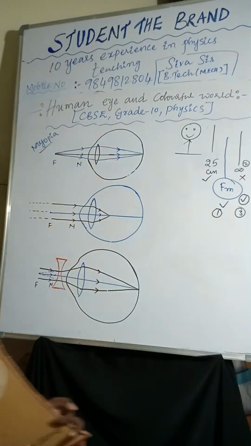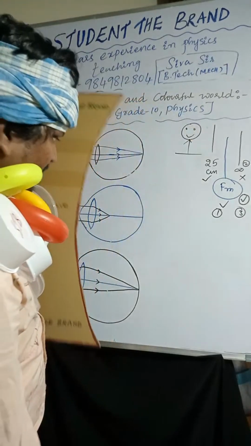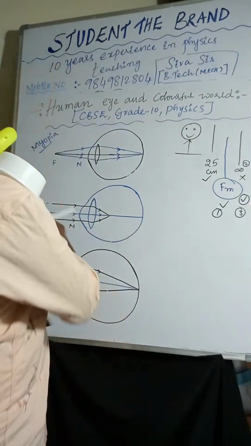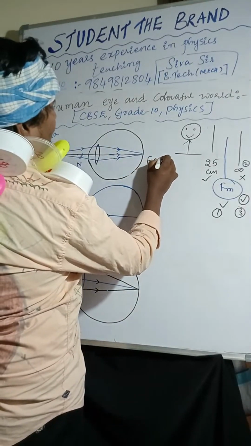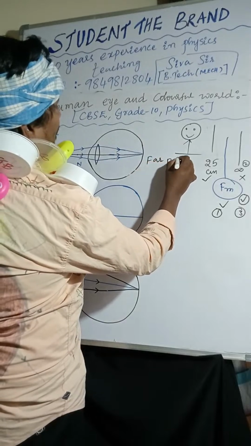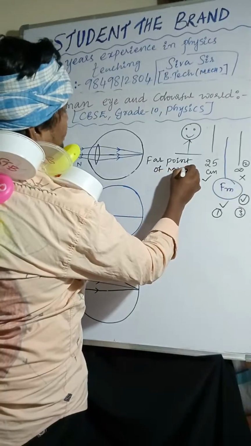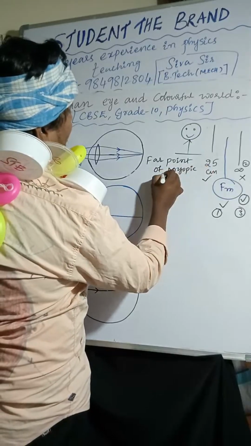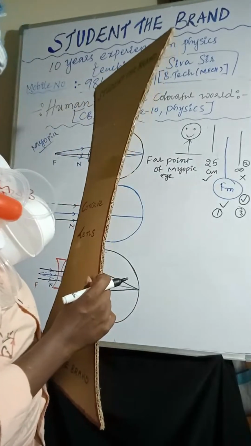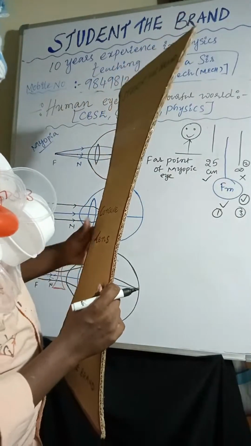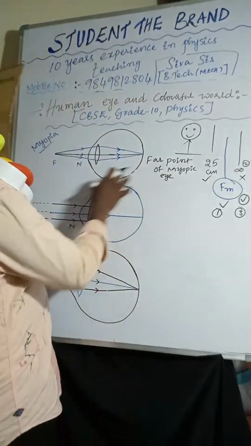Now see, I'll write the points. This is the far point of the myopic eye.